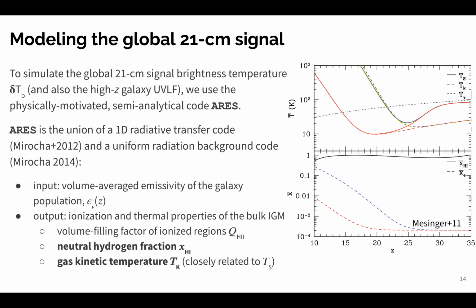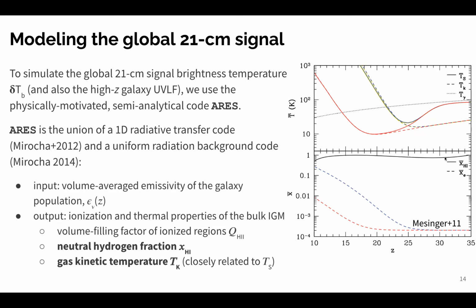So here on the right, I just have an example plot showing how many orders of magnitude the temperature might vary, and you see the dashed line is the kinetic temperature, solid line is the spin temperature, so those are very close. But yeah, so these vary quite a bit over this redshift range being looked at in this paper. This is not from Aries, this is from a different model, but it's conceptually similar.